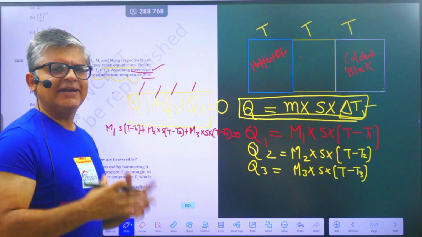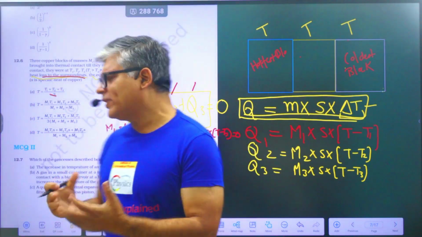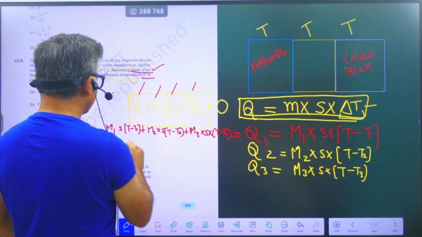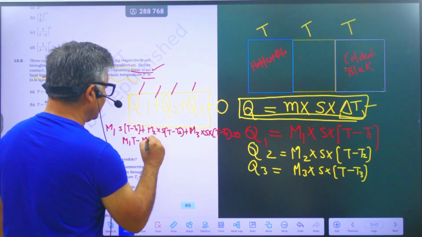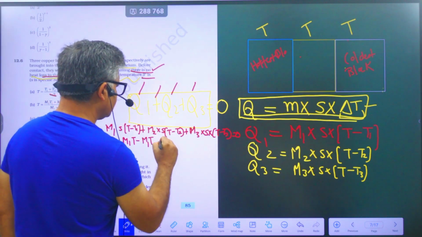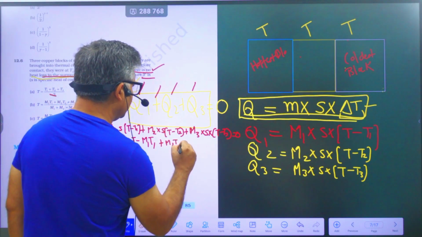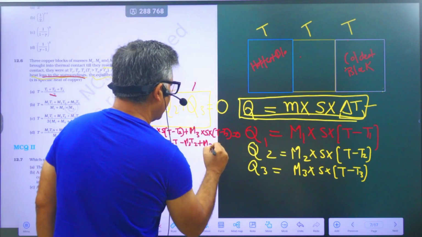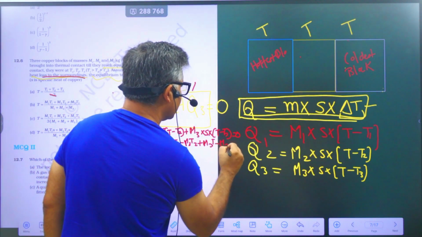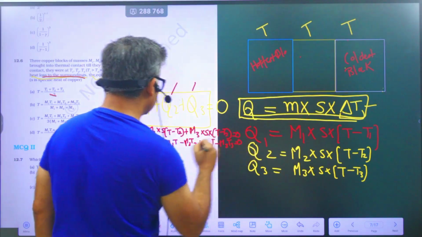Now specific heat is the same for all of them, right? So what you can do is take S out of this and you will get M₁T minus M₁T₁ plus M₂T minus M₂T₂ plus M₃T minus M₃T₃ is equal to 0, right?